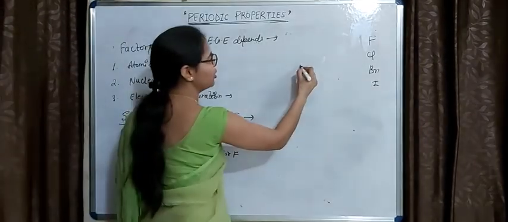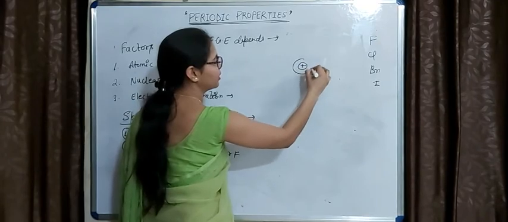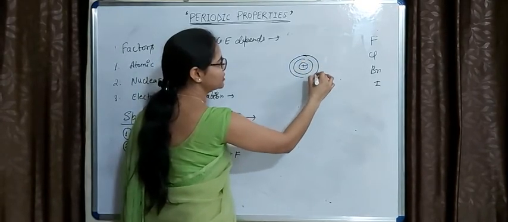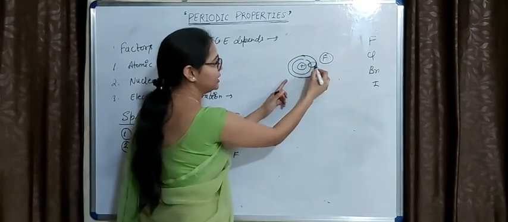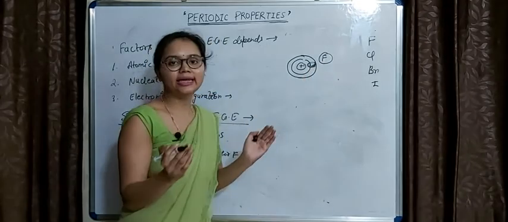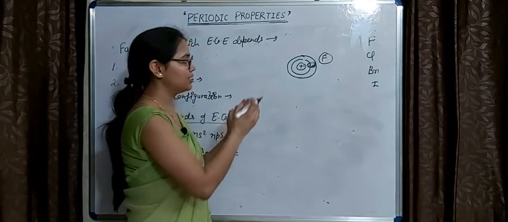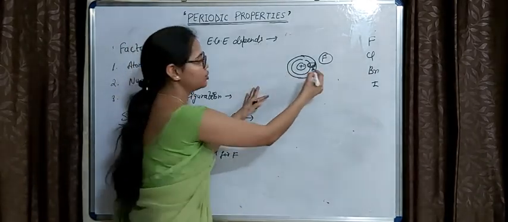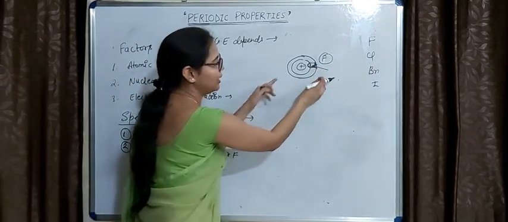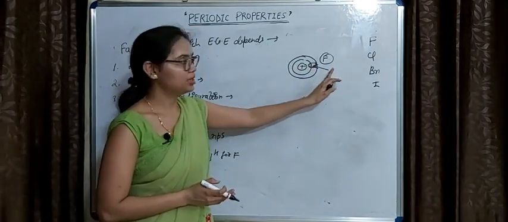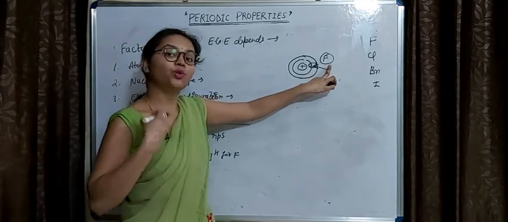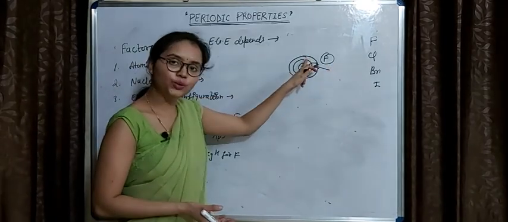The reason is the small size of fluorine. Fluorine has a small size, and because of this, electron density is very high here. So when we add a new electron, there will be a huge repulsion, and because of this repulsive force, we have to provide energy to add the new electron.